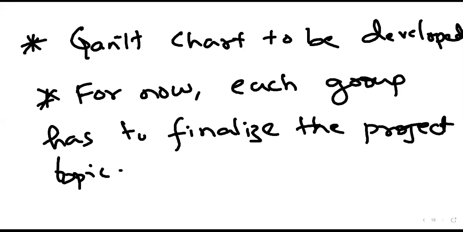Then you just consider that particular group's topic which is submitted first. First preference will be given to the group which has submitted first. Okay. And ask the other group to change the topic. In case there is any dispute still, you just inform me. Is it clear?